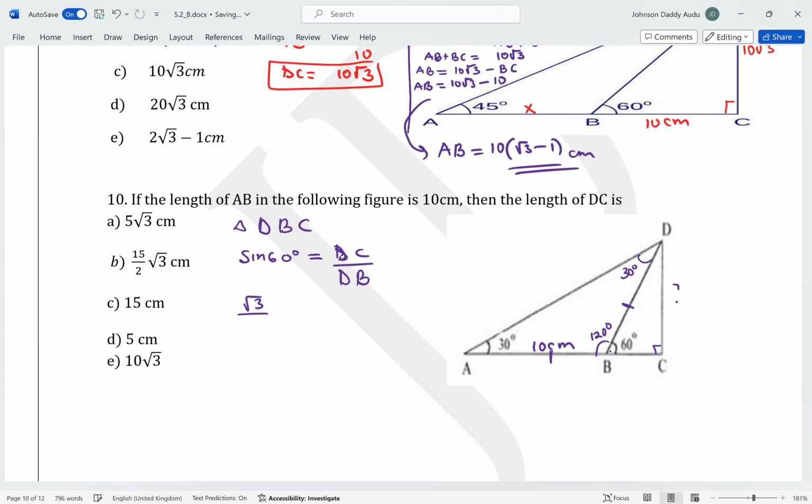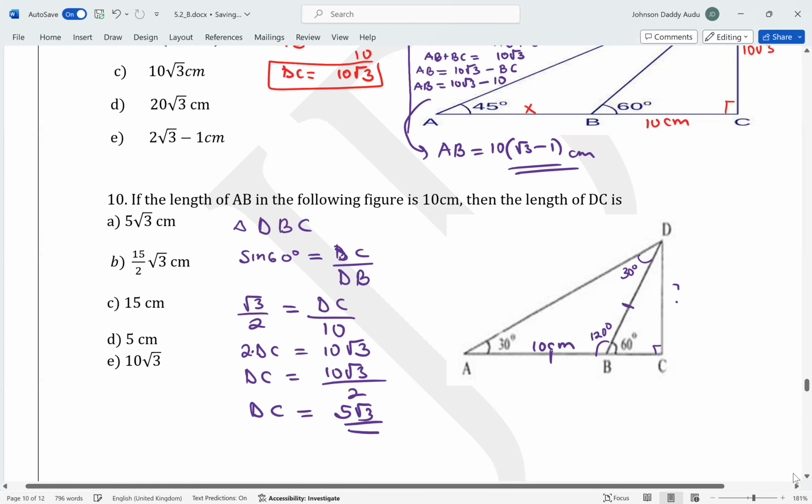Sin 60 is root 3 over 2. DC is what we are looking for. DB is already 10. So if we cross multiply, we'll have 2DC is equal to 10 root 3. And DC is going to be 10 root 3 divided by 2. So DC is just 5 root 3.